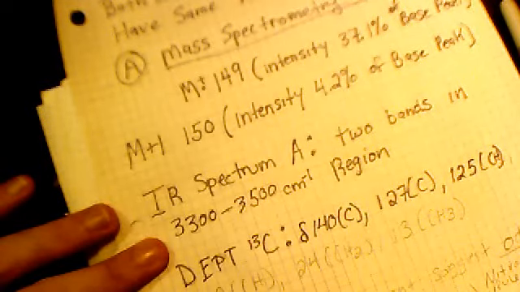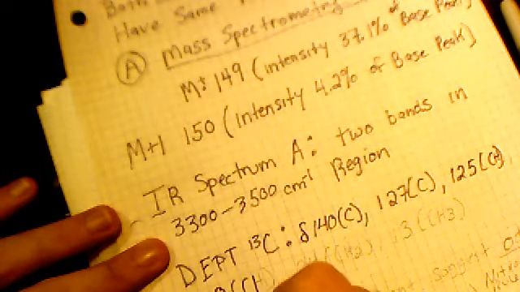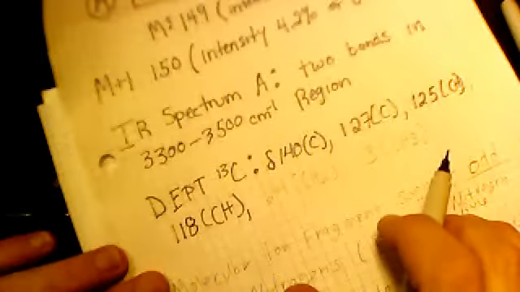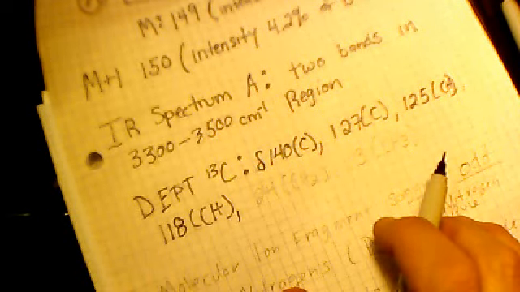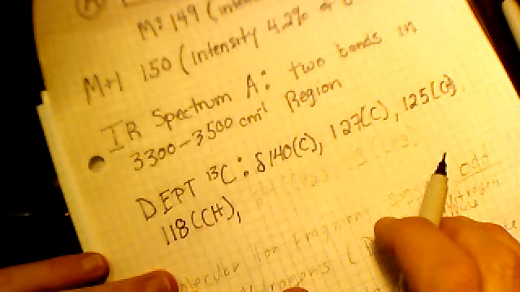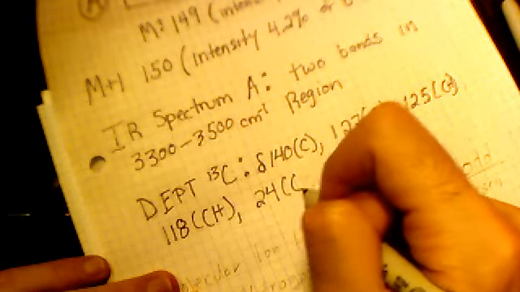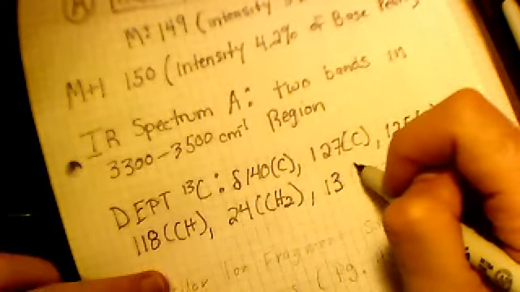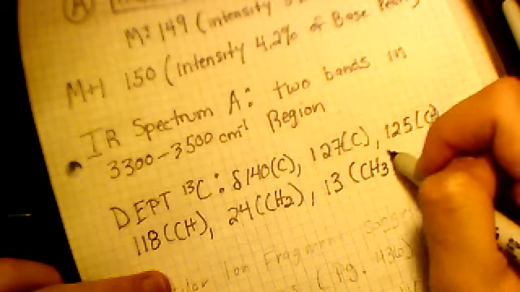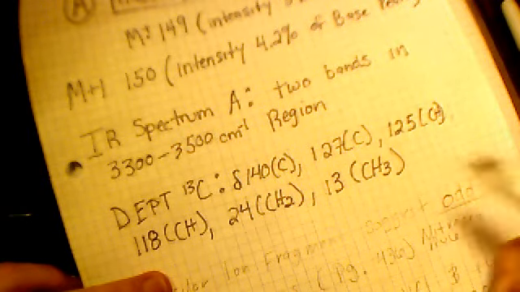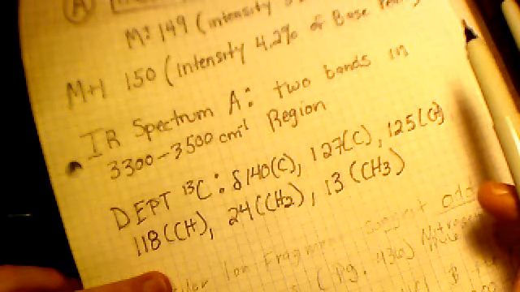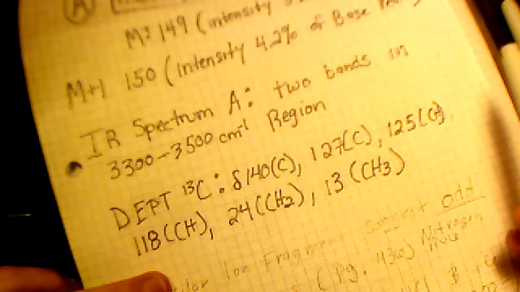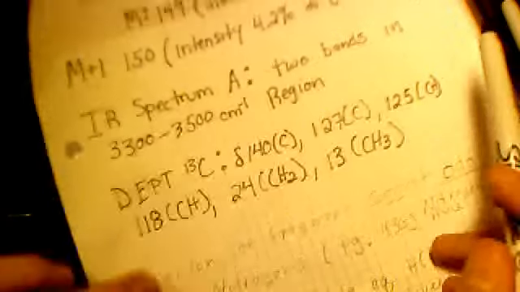Then there was a 118 CH, a 24 CH2, and a 113 CH3. So the CH3 is far away from the electronegative atoms, which are either oxygens or nitrogens. And these others are close to oxygens or nitrogens.